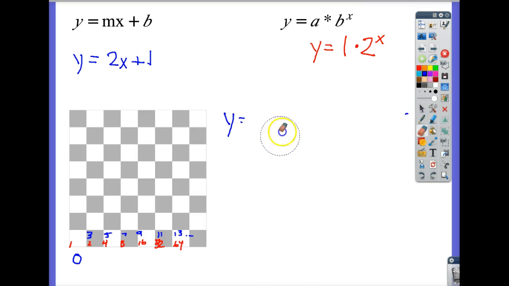It's the same concept, but with a different operation with exponentials. So when I say y equals, I start with 1, and then I'm going to multiply by 2 this many times. What does an exponent mean? That means how many times do I multiply this thing.